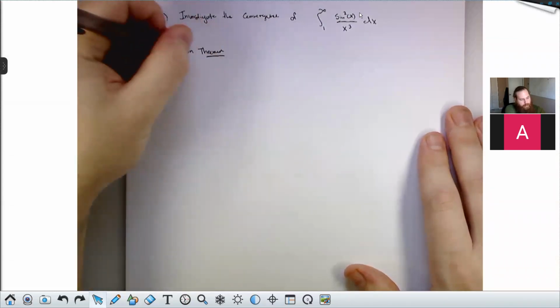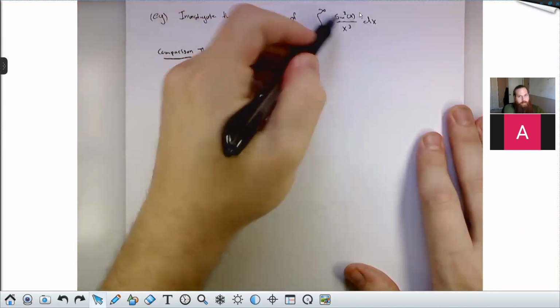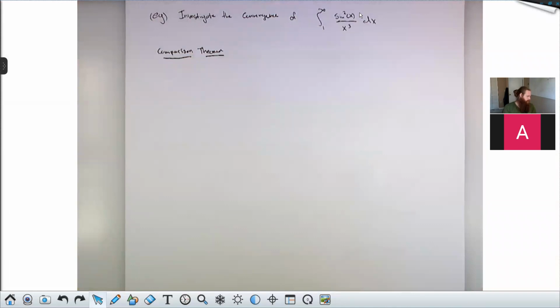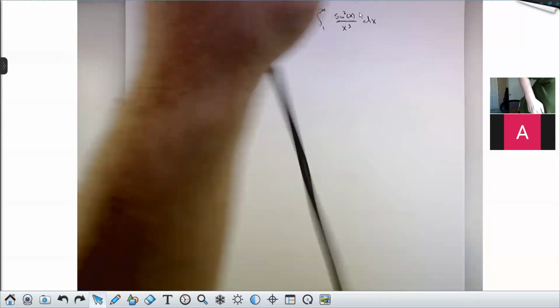Because this is not a p-integral. The whole sine squared thing upstairs ruins the p-ness of this integral, right? It is not a p-type integrand. But I can compare it to something.